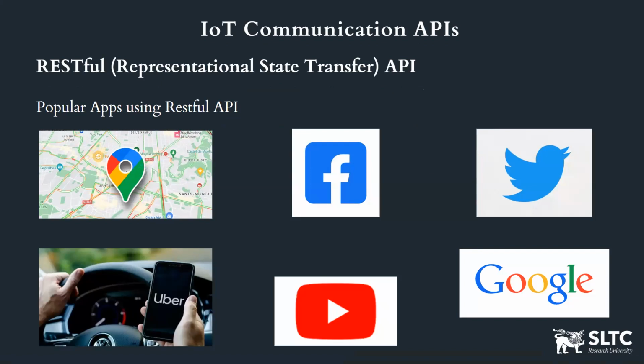An important and popular API that can be used in IoT networks is called RESTful API, and it stands for Representational State Transfer API. There are applications that are defined using this RESTful API.